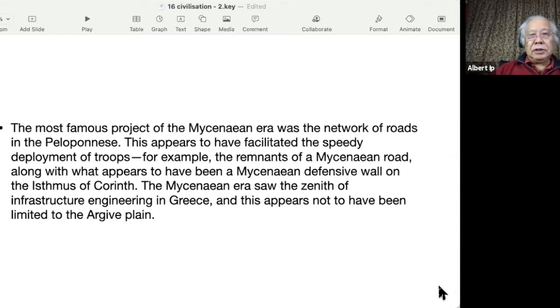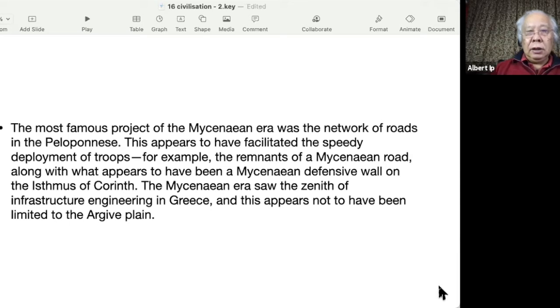Another famous project is, of course, the network of roads. This appears to have facilitated the speedy deployment of troops. Again, the military has sometimes driven the economy because the power centers need to move armies quickly. They might build a road, and that road eventually will be used by the civilians for other purposes.